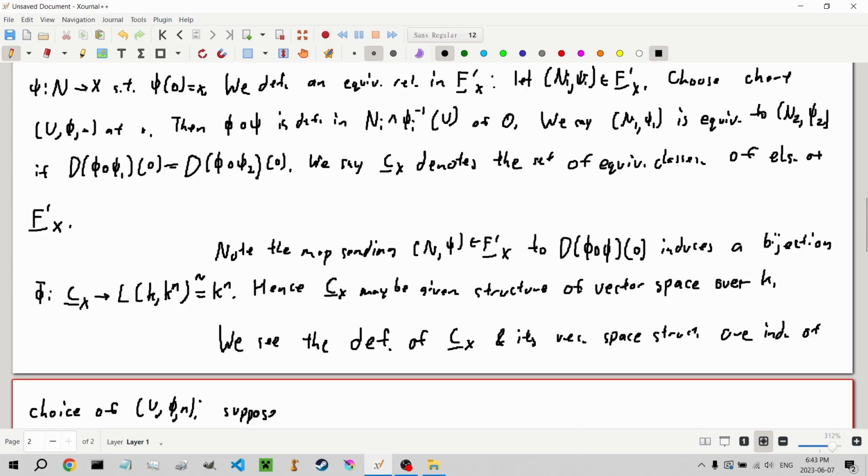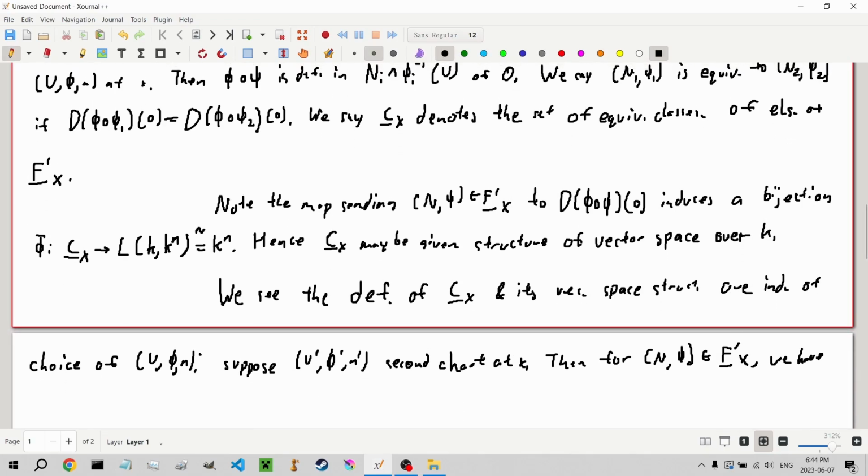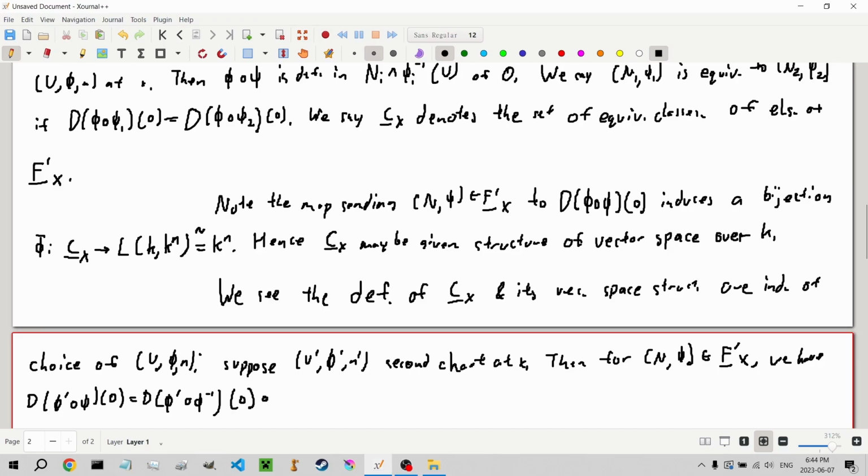Well, suppose U prime, phi prime, n prime is a second chart of X. Then for n and phi in f underscore prime of X, we have, sorry, I've got to track where I am in the book, D of phi prime of C of 0 is D of phi prime of phi inverse of 0 on D of phi of C of 0.